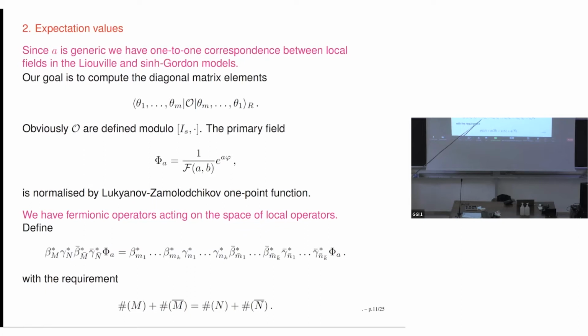Normally I create the descendants from the primary field by Virasoro. But here there is another way to create descendants, which is related to the Virasoro descendants. The descendants are created by some fermions. There are two of them for one chirality and two of them for the other chirality, and the only requirement is that the number of betas is equal to the number of gammas. So this is the requirement.